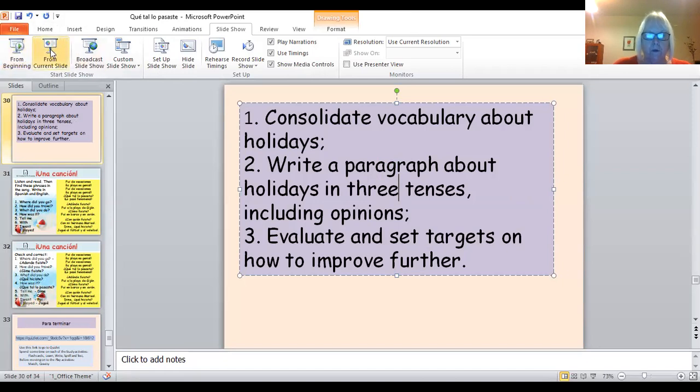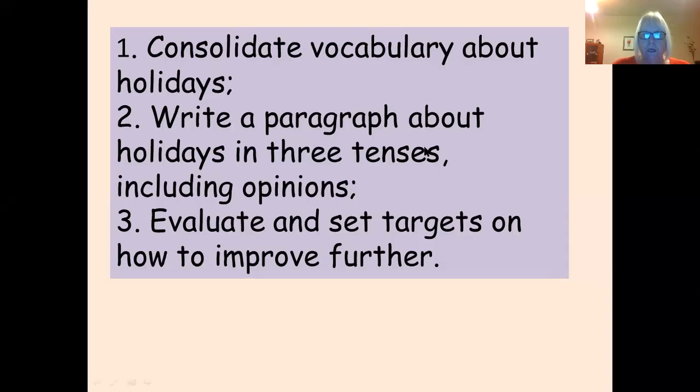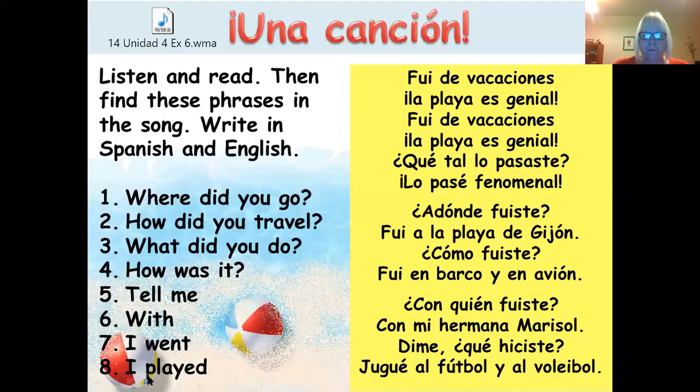Okay, so sorry about the blip there. For the moment, my screen went peculiar. So you should have these as your objectives: writing about holidays in 3 tenses, including opinions. And that's what we've been building up to this week.